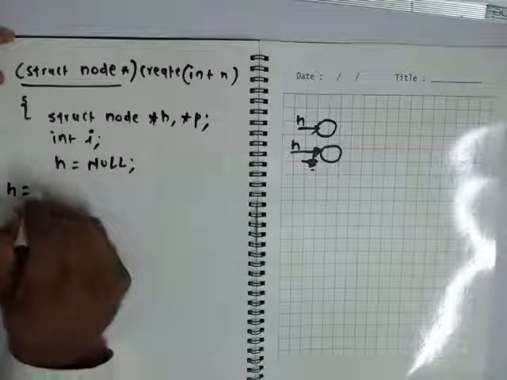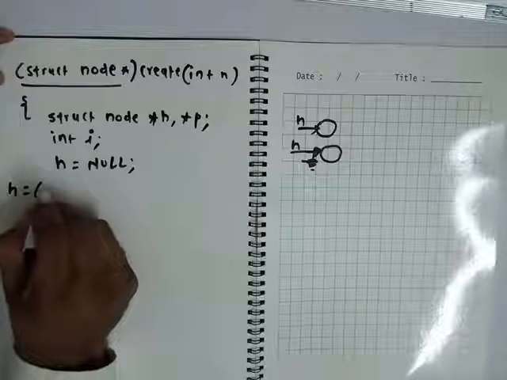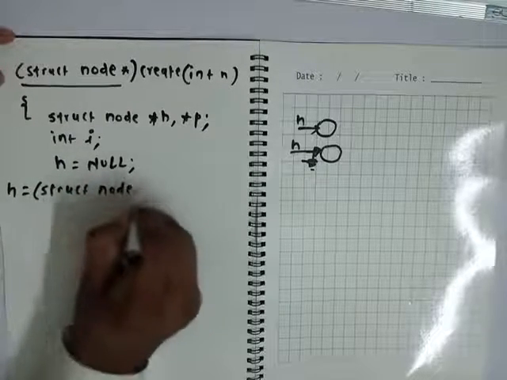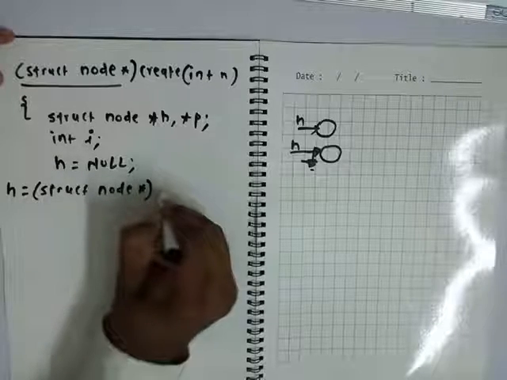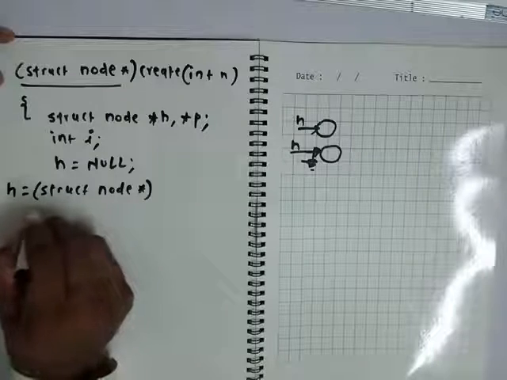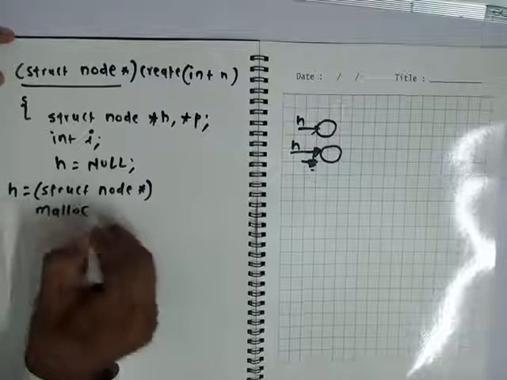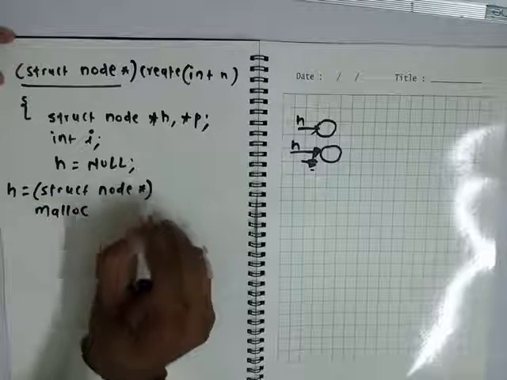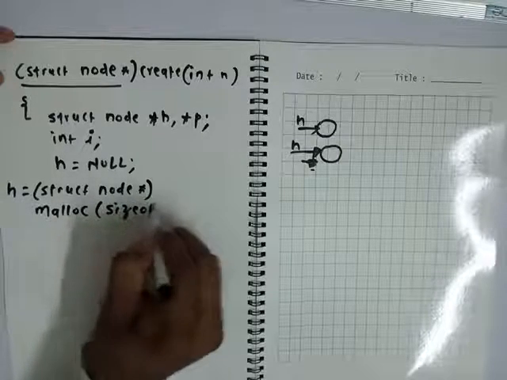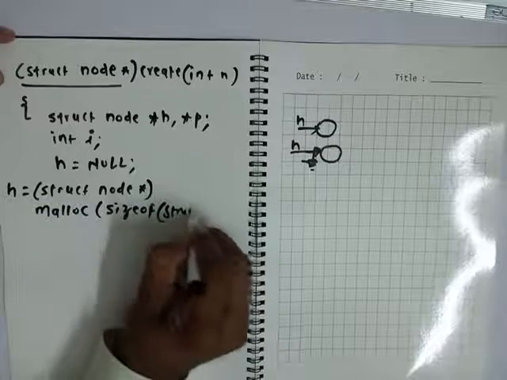malloc function. So let me write the entire statement, then I'll explain. struct node star, and after that I'll continue here. Malloc, immediately after this bracket, malloc sizeof struct node.